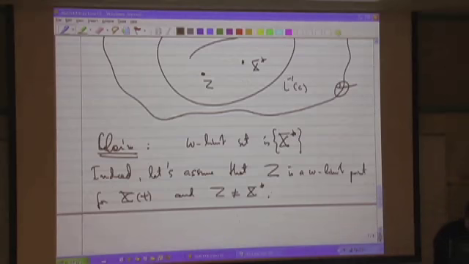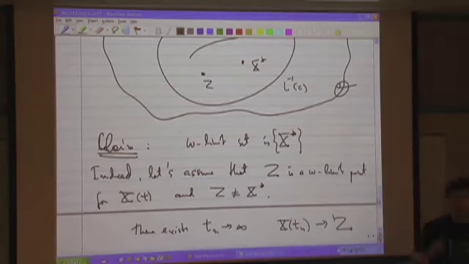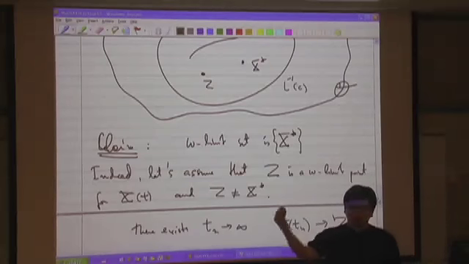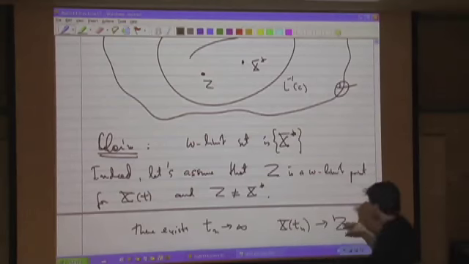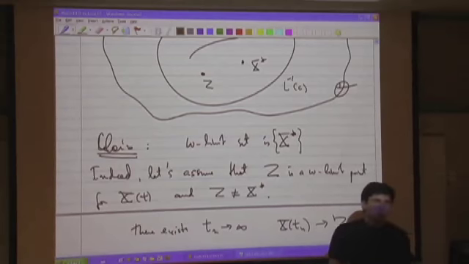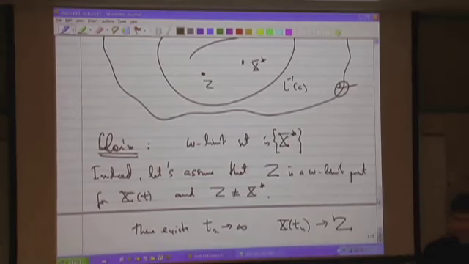Okay, so what does it mean that it's an omega limit point? It means that there exists a sequence of times for which x of tn approaches z. That's what it is to be in the omega limit set. It doesn't have to be for all times going towards that. It's just that there are some times increasing to infinity for which it gets closer and closer to z, arbitrarily close to z. Okay?